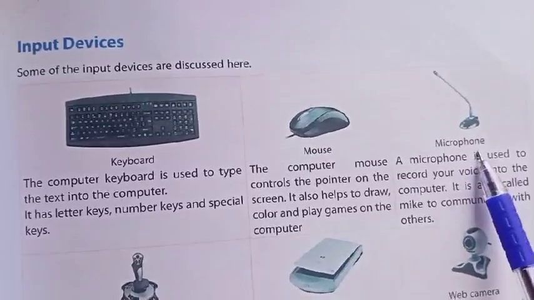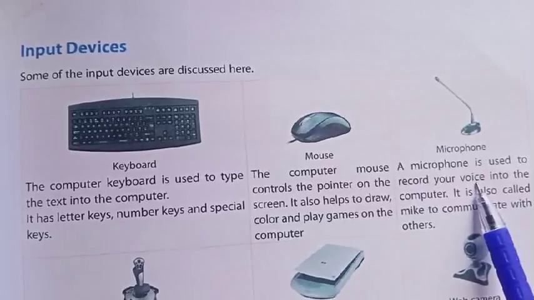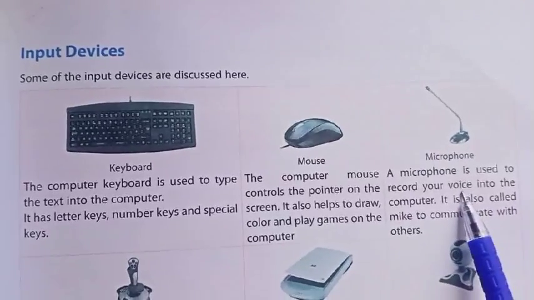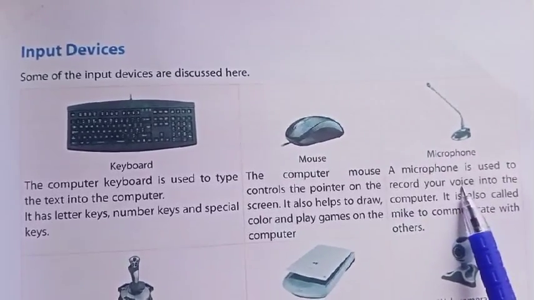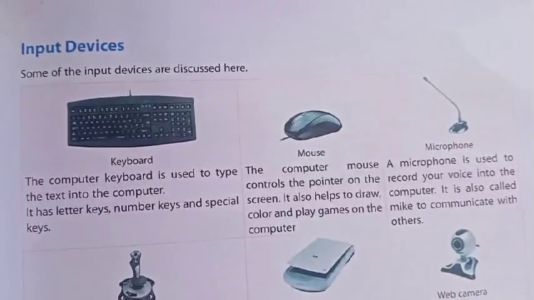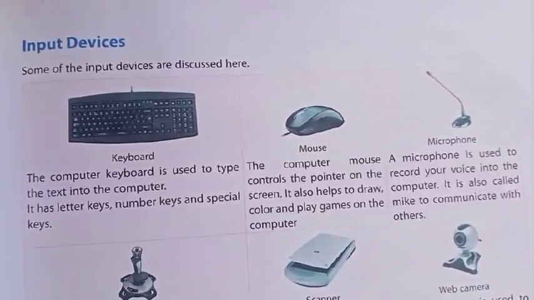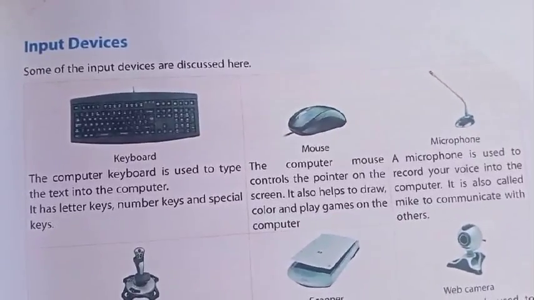Then we have the microphone. This microphone is used to record the voice. Whenever we want to record our voice into the computer, we make use of the microphone, and even to communicate with each other. So these are also peripheral devices, and these are also input devices.